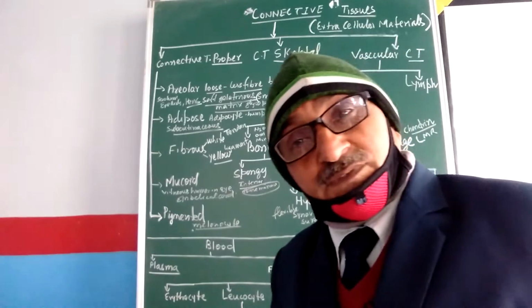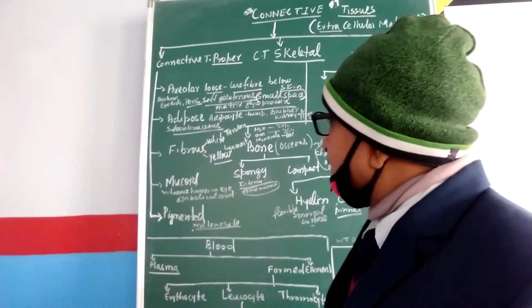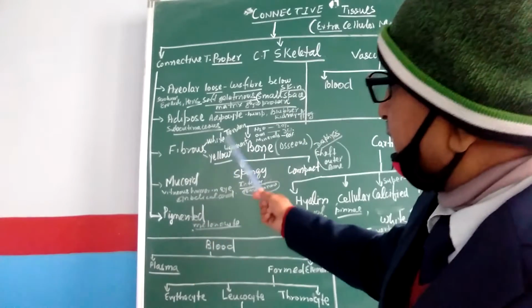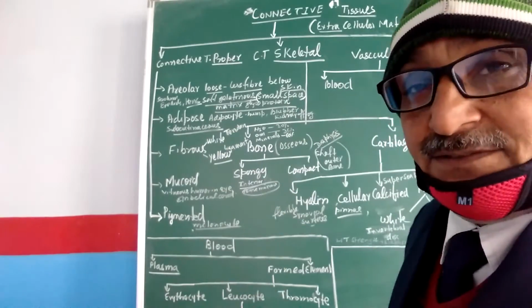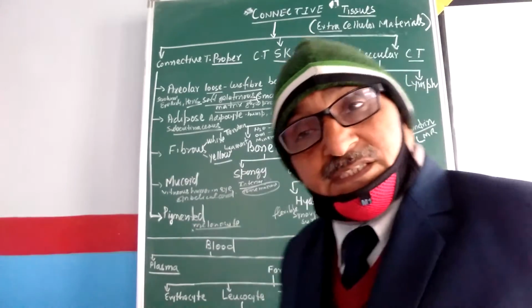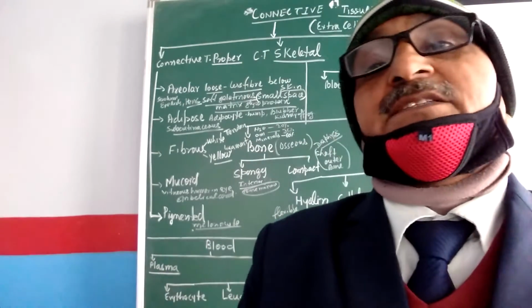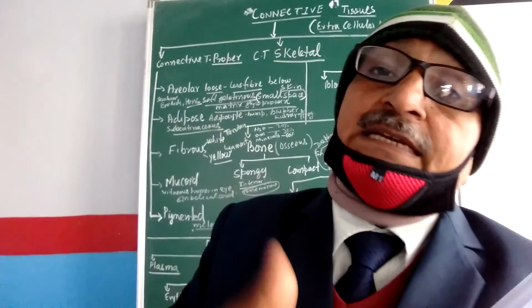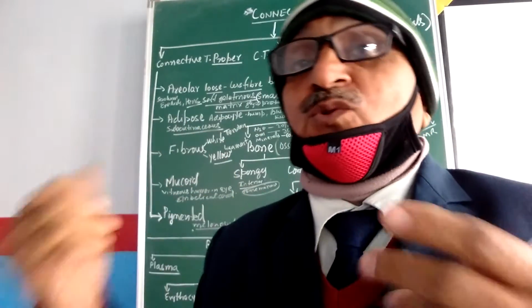Fibrous tissue has two types of fibers, yellow in color and white in color. White is called tendon, yellow is called ligament. So tendon and ligaments, these are properly connected. Tendon connects bone to muscles and ligament connects bone to bone. Okay.